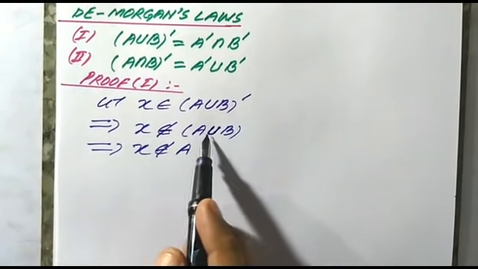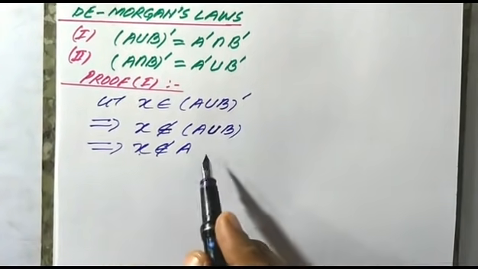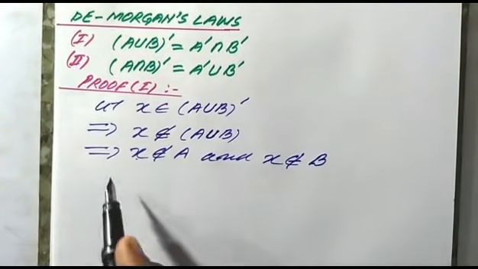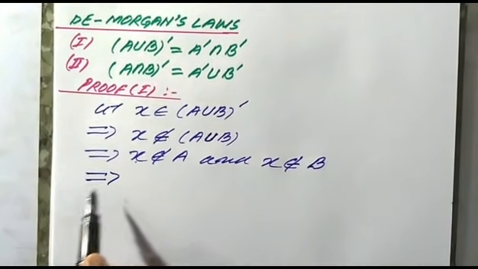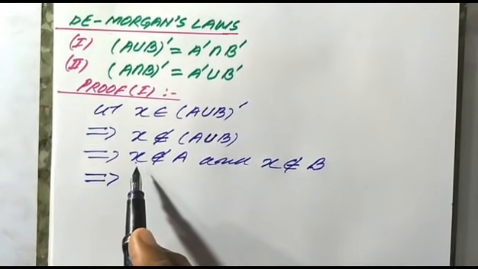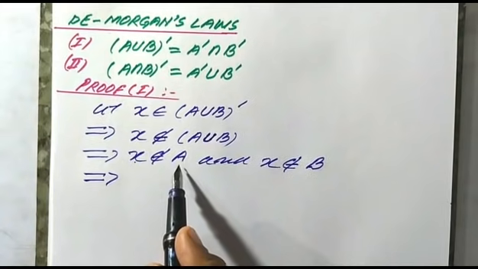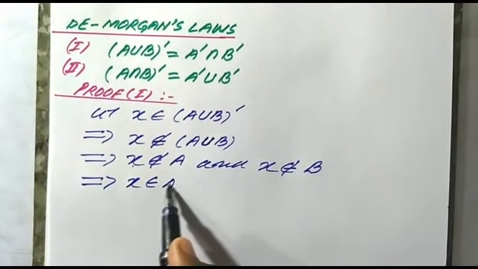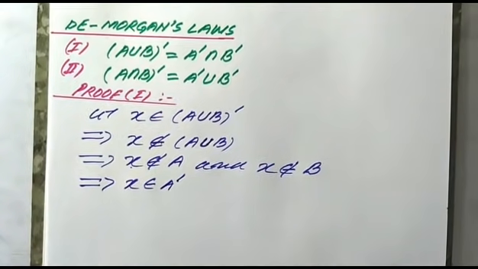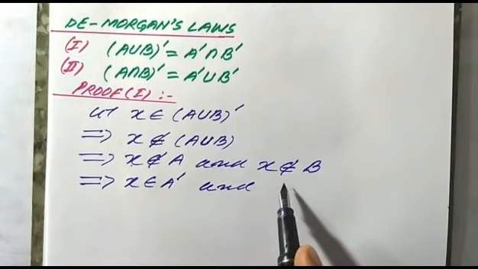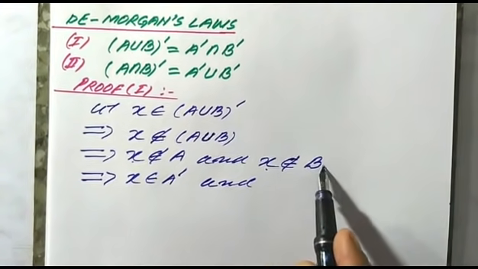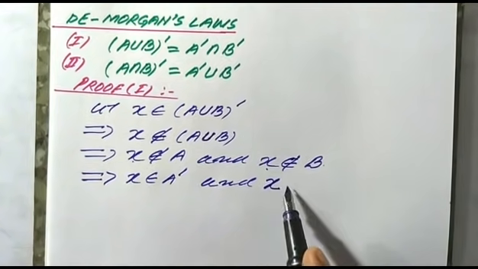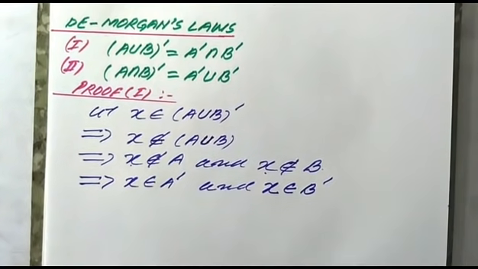So X does not belong to A union B, we may write as X does not belong to A and X does not belong to B. It implies that, now as you see, if X does not belong to A, X must belong to A complement, and if X is not an element of B, X must be an element of B complement. So X belongs to B complement.